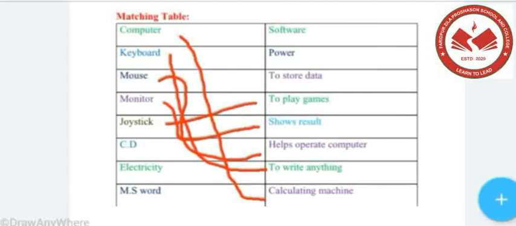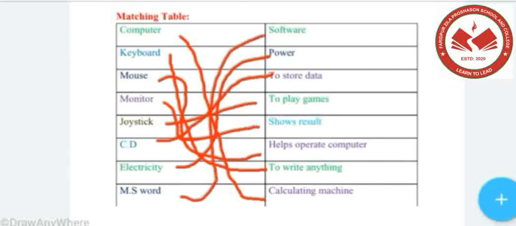We have already read that CD is a compact disc, so CD is used to store data. We can make a line between CD and to store data. Electricity is a power by which we can run computer, so we can make a line between electricity and power. And MS Word is the name of a software by which we can write anything in computer, so we can make a line between MS Word and software.